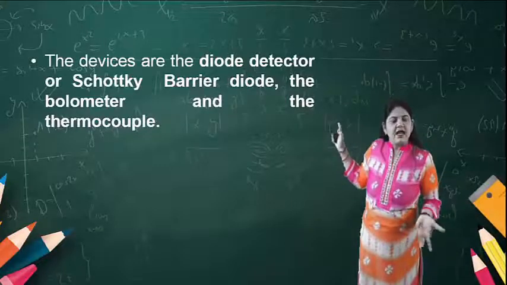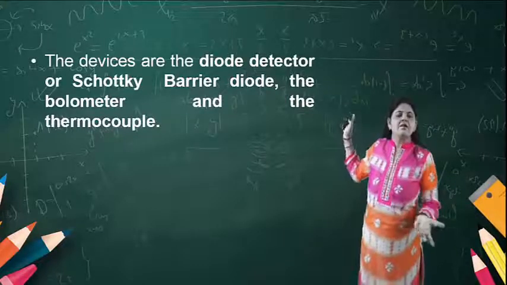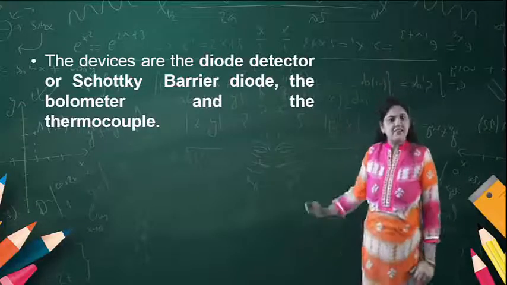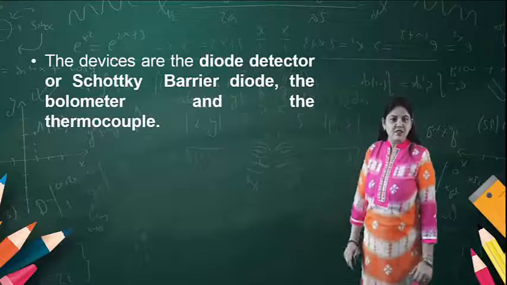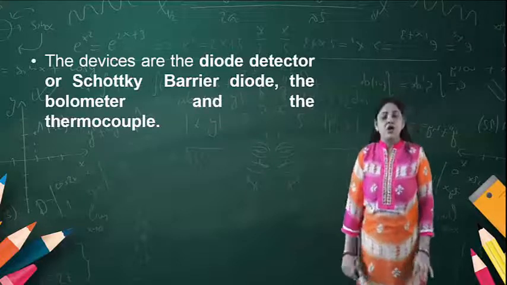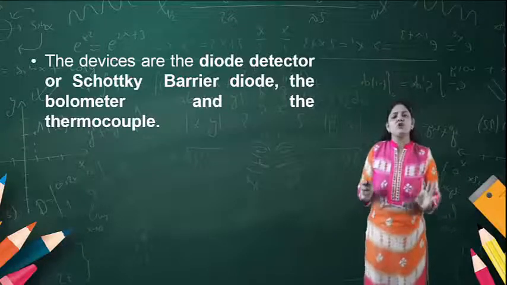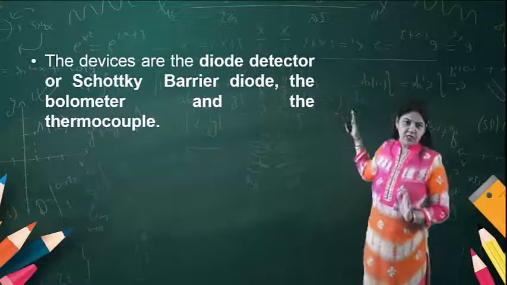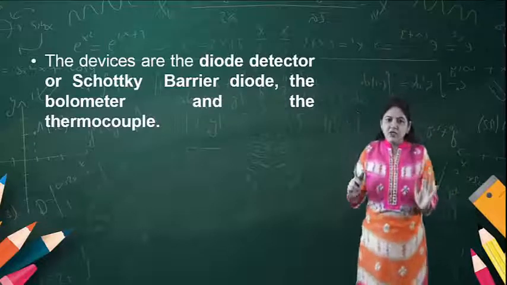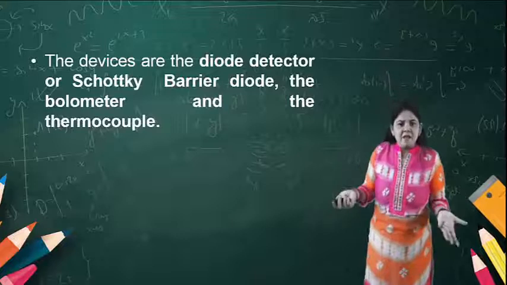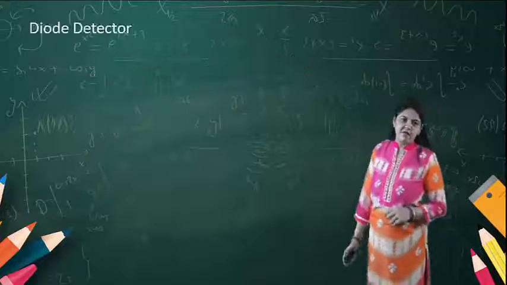The bolometer is again a temperature sensitive device which can be used to measure the power. And the third is the thermocouple sensor. These three sensors can be used for measuring low power, high power and medium power.